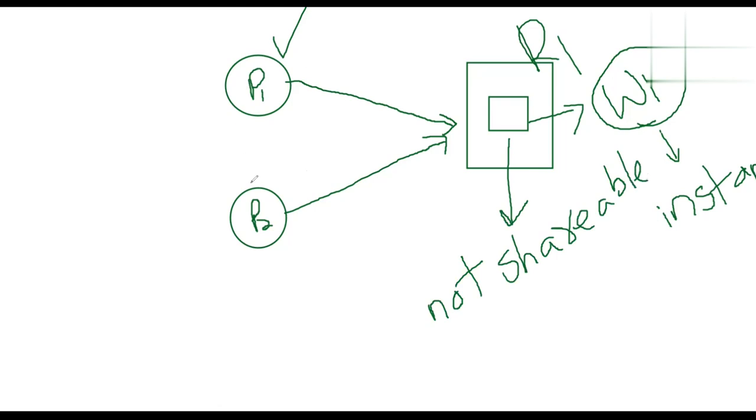Here I have two requesters and a single instance resource, so the system must decide that it's not shareable, because the system cannot allocate this one single instance to two processes. So one process should request, and another should request later, or not request, because this request will create a problem. If P2 does not request, then P2 will not be in the waiting state.